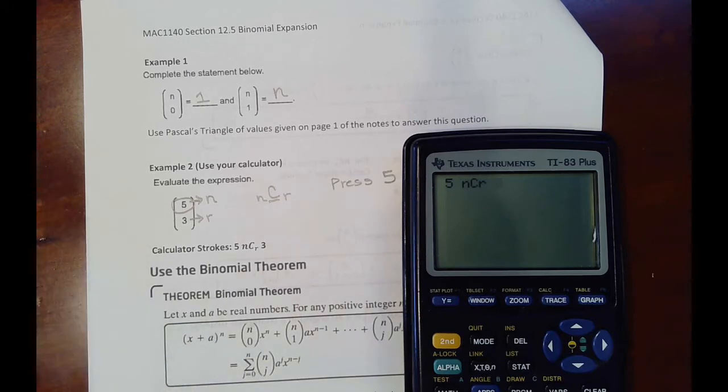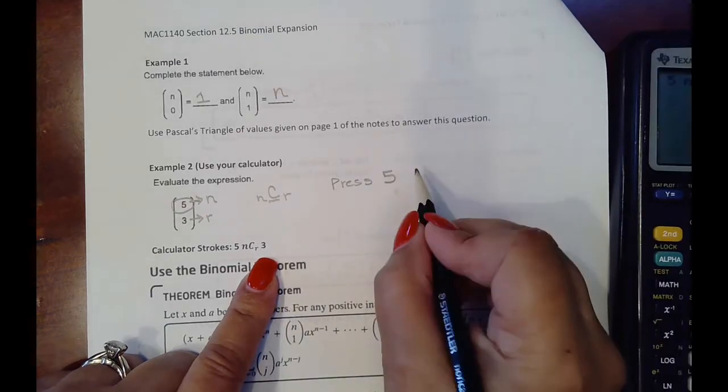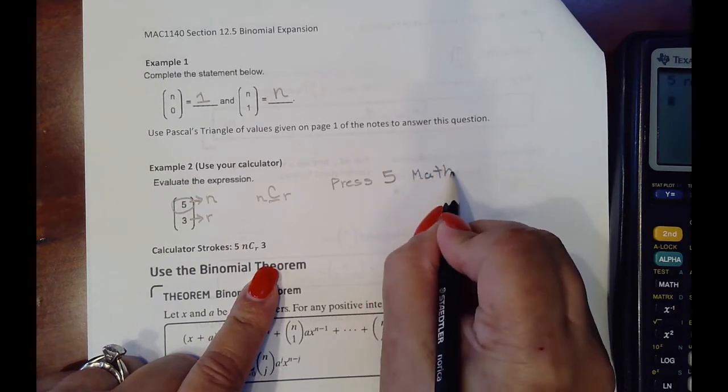Another way of saying this when you're talking about probability is n items selected r at a time. And it just has here what to press. So the next thing that you would press is the 3. Let's see, after this we did math.